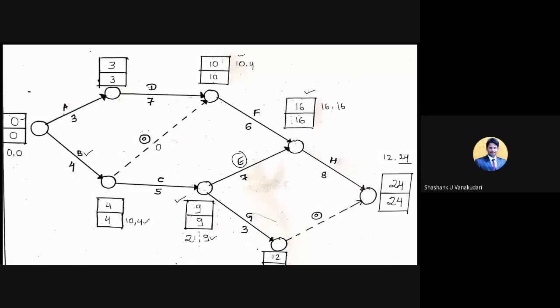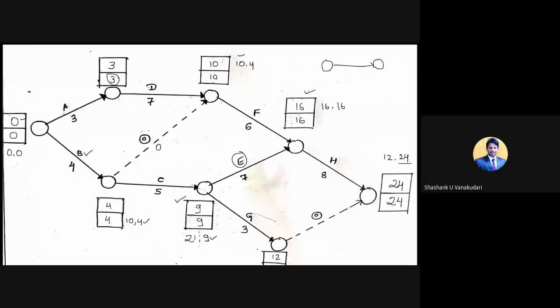Those who were absent for the previous class, see here: for one activity there will be two nodes, and each node will have boxes like this. This value we need to consider as EST, and whatever value we get in this box we will consider as LFT. Keep this in mind so that you will understand easily.